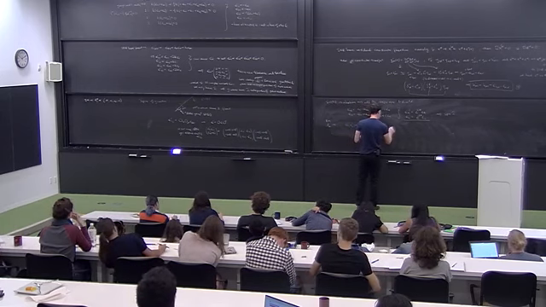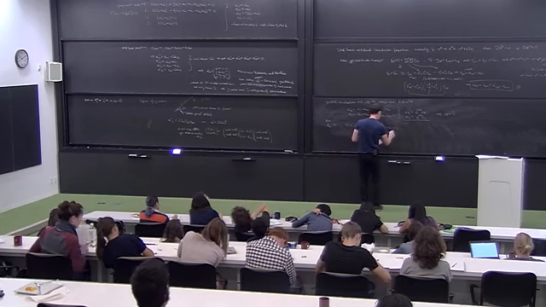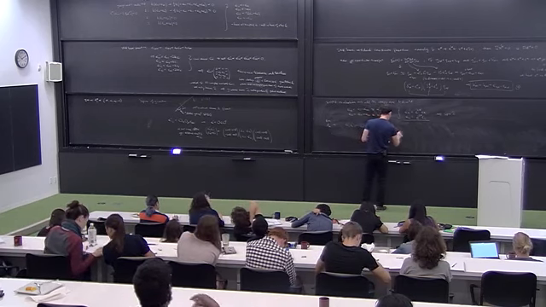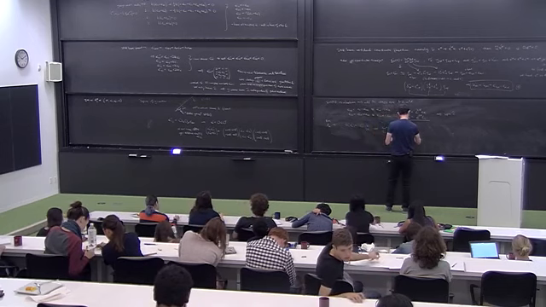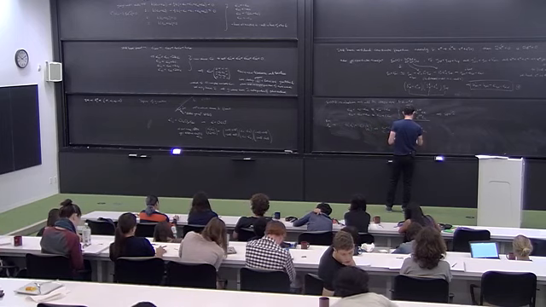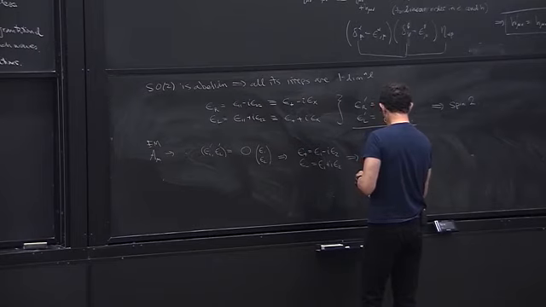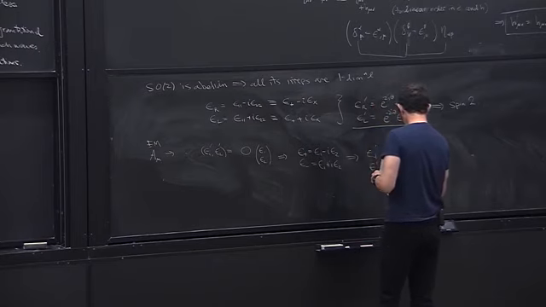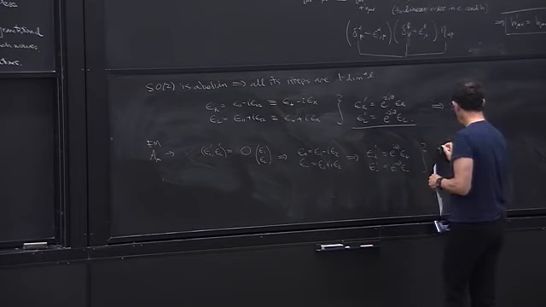Epsilon plus is epsilon 1 minus I epsilon 2, and epsilon minus is epsilon 1 plus I epsilon 2. And this leads to epsilon plus prime is e to the I theta epsilon plus, and epsilon minus prime is e to the minus I theta epsilon minus, and the photon is spin 1.